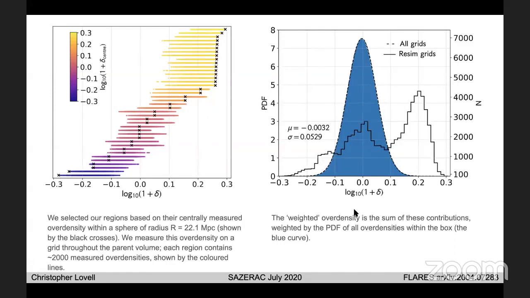So the plot on the right, the solid line shows the distribution of overdensities in our FLARES regions, and then the blue histogram shows the overall log normal distribution of overdensities throughout the box. And we essentially weight these by combining them and weighting their fractional contribution to that overall distribution. If you're interested in the details, please refer to the paper. Next slide, please.